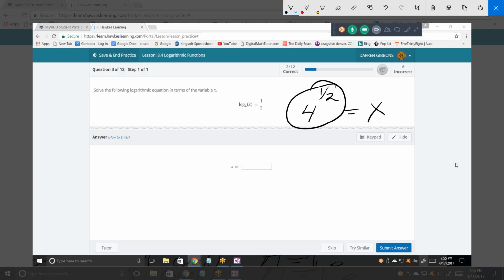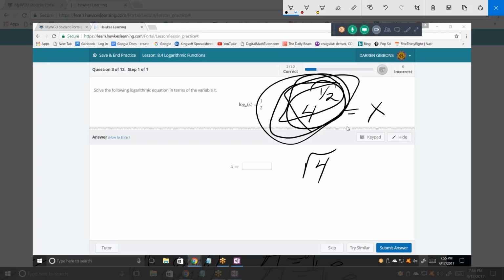Just know that 1/2 is square root. 4 to the 1/2 power is 2. Make sure you do it on Wolfram Alpha. Do 4 raised to the 0.5. Yeah, but I just took the square root of 4 is 2, right? Correct. So that's the answer, because that's what this means, the square root of 4.